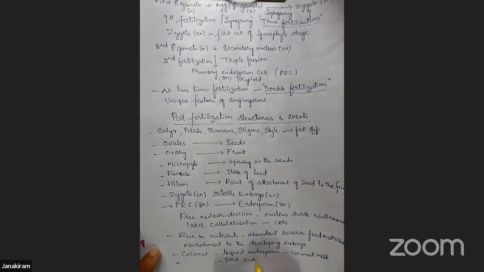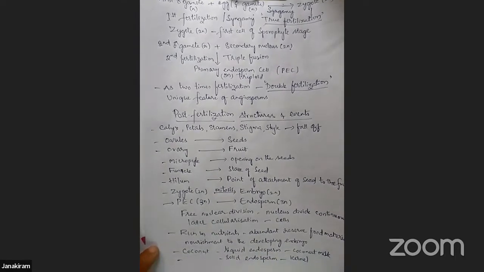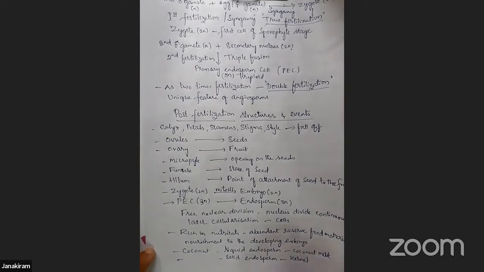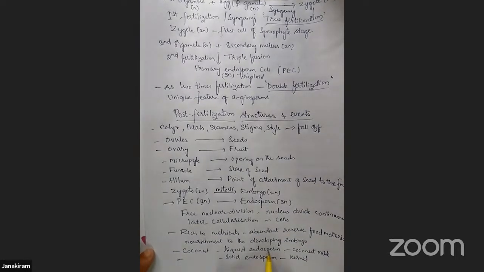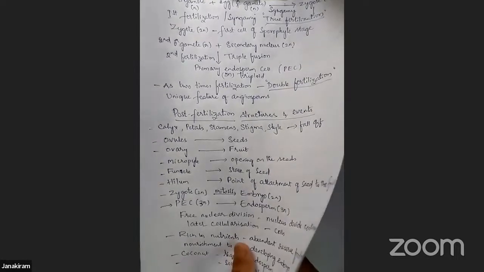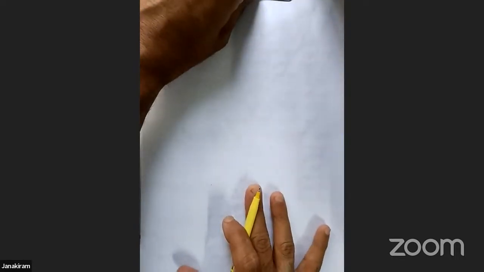The solid endosperm is nothing but the kernel, which is the edible part of the coconut. So initially the free nuclear division leads to the coconut milk, and gradually it is converted into solid endosperm in the form of the kernel.